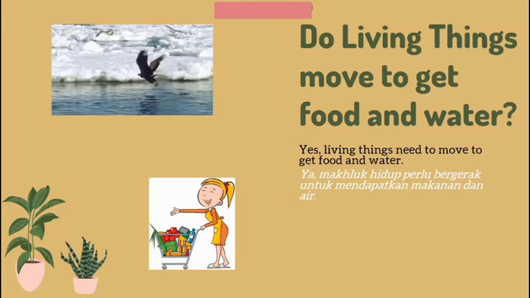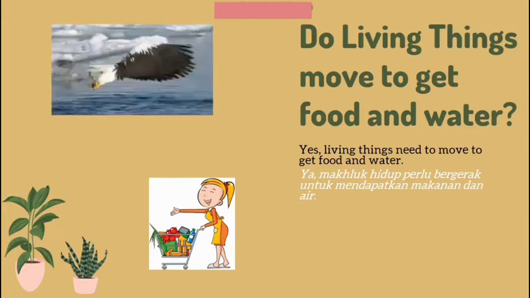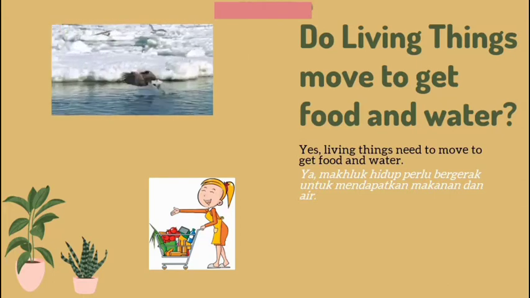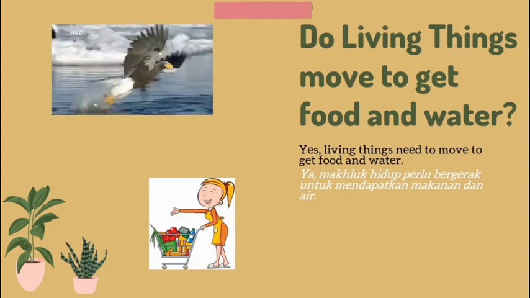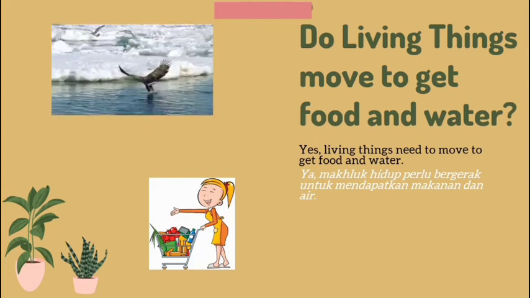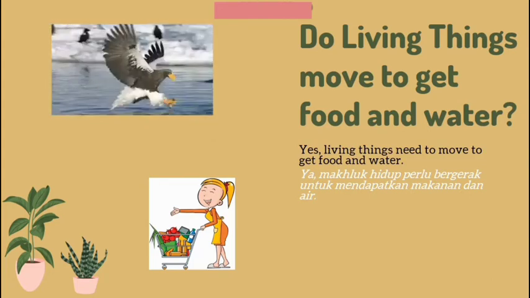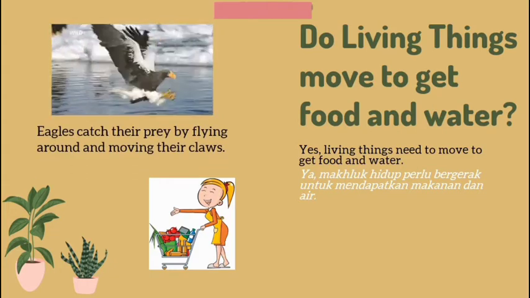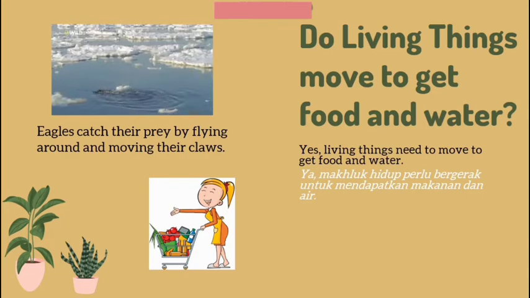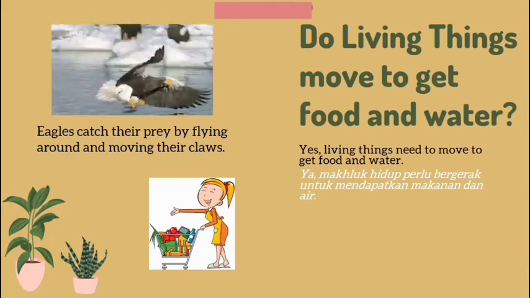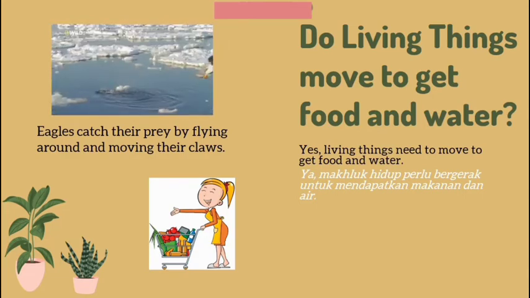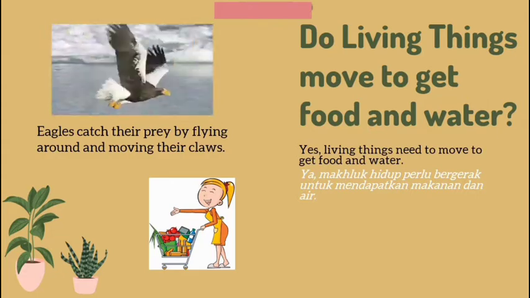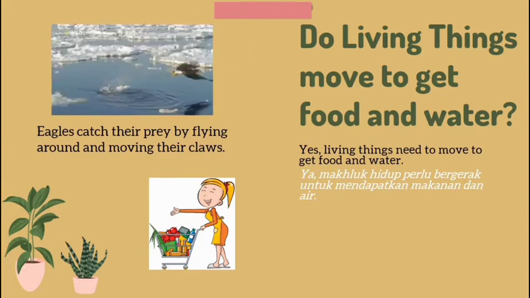Do living things move to get food and water? Yes, living things need to move to get food and water. Just like in the pictures on this slide, eagles catch their prey by flying around and moving their claws. In these pictures, the eagle catches fish.